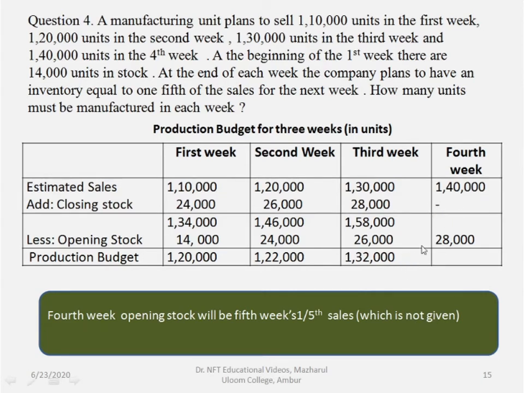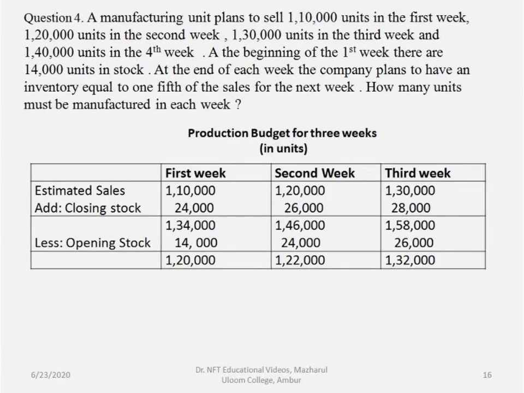So we are not going to record this fourth week. Only for the first, second and third weeks we are going to mention. So this is a production budget for 3 weeks in units.